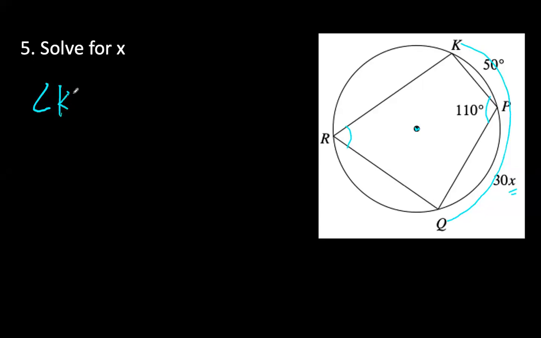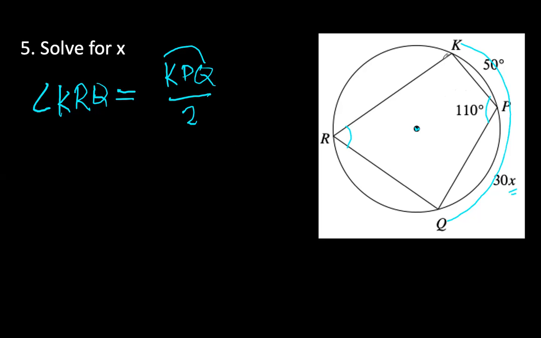Its intercepted arc is KPQ, and we know that half of the intercepted arc is equal to the inscribed angle. So the intercepted arc KPQ over 2 is equal to the measure of the angle KRQ, the inscribed angle. However, we don't know the value of KRQ yet, right?